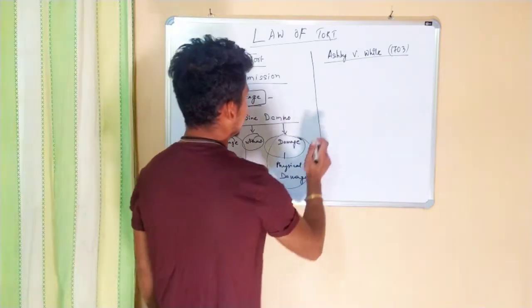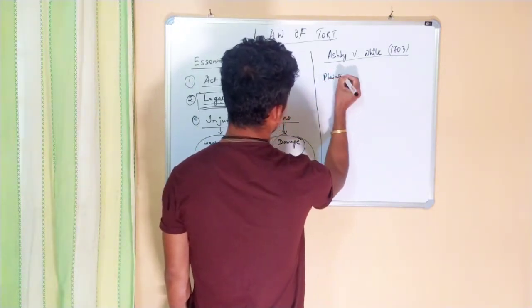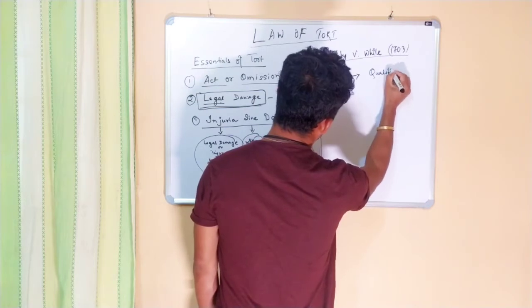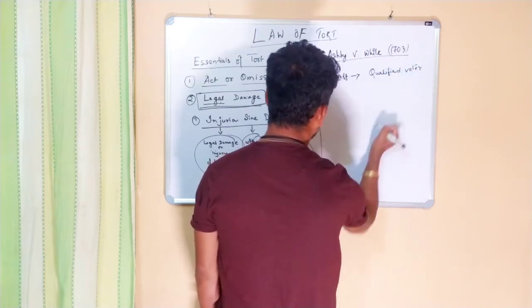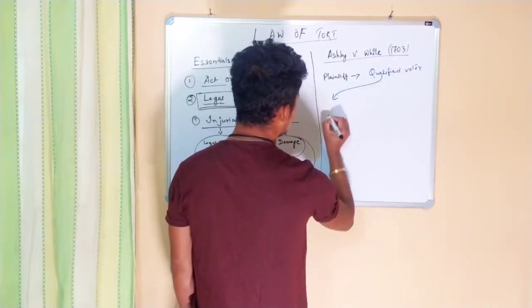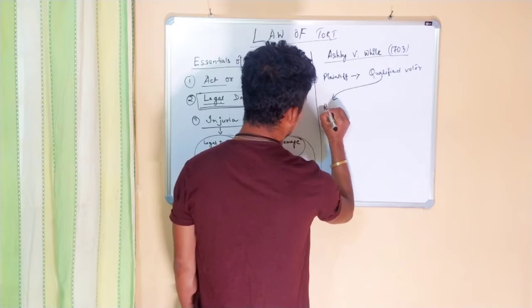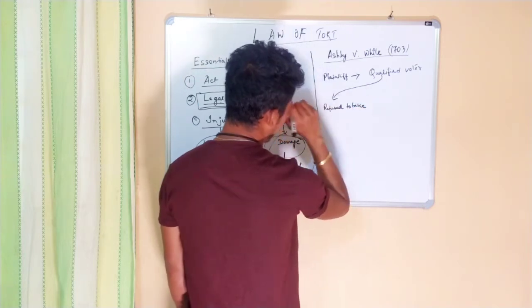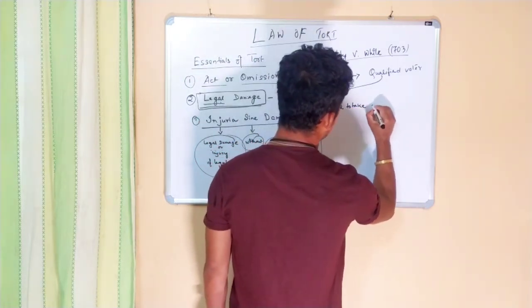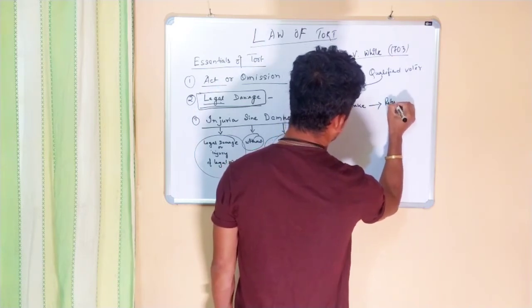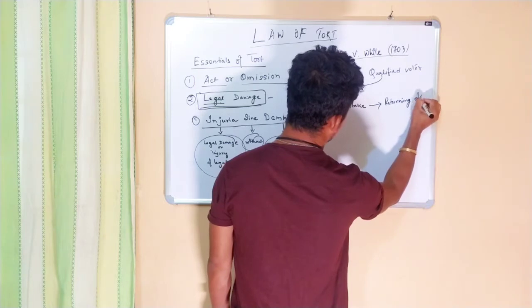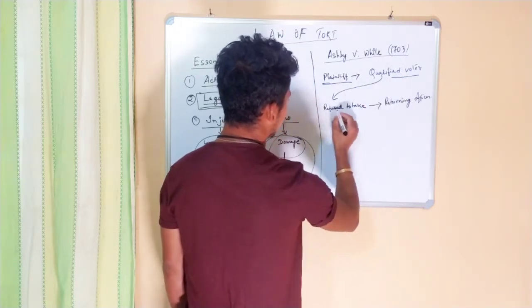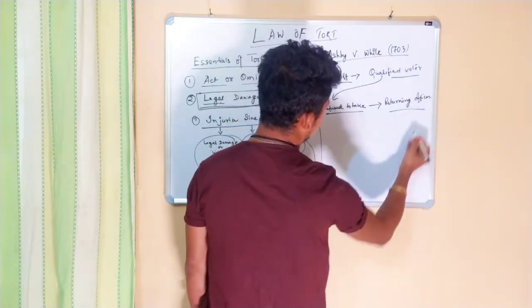The plaintiff, who happened to be a qualified voter, and whose vote was refused to be taken by the returning officer.